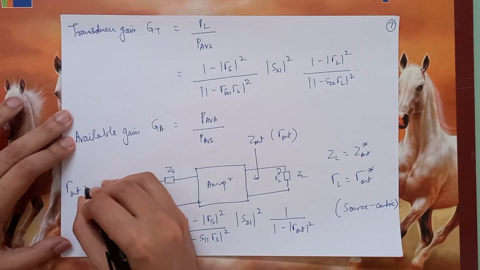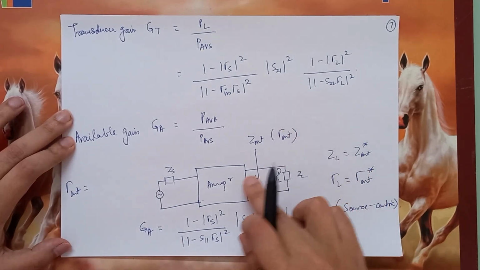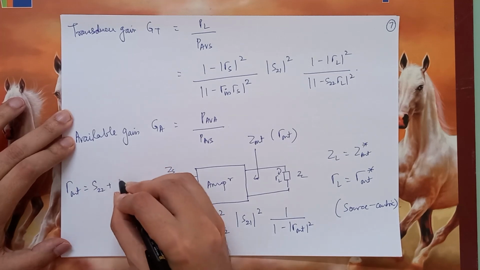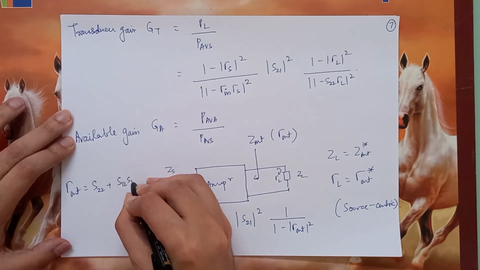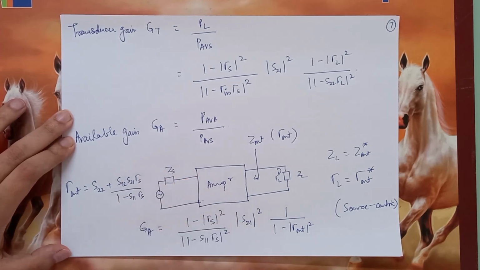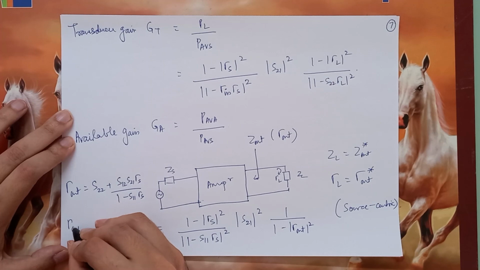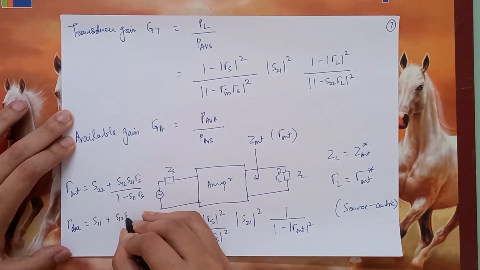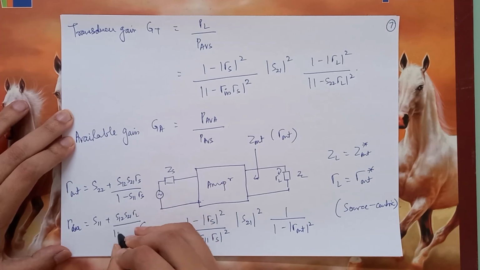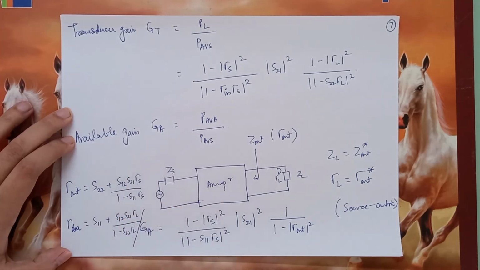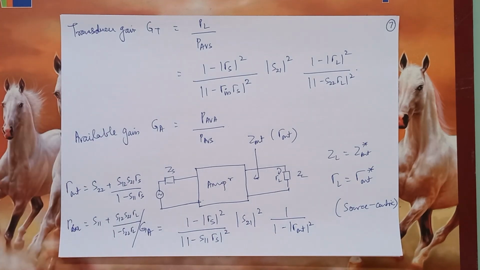Gamma out, using a signal flow graph, you can show that it will depend on ZS, and that is nothing but S22 plus S12 S21 gamma S divided by 1 minus S11 gamma S. And if you recall, gamma in was S11 plus S12 S21 gamma L divided by 1 minus S22 gamma L. Notice how the two are kind of converses of each other.